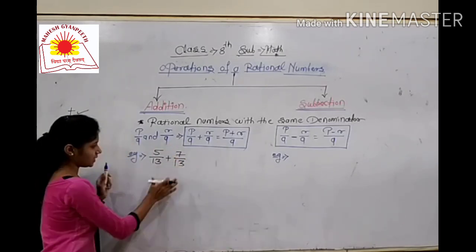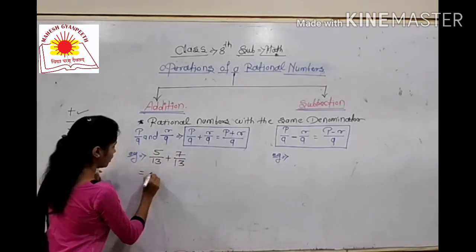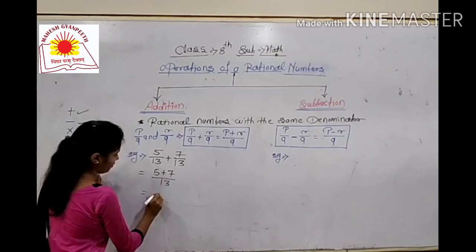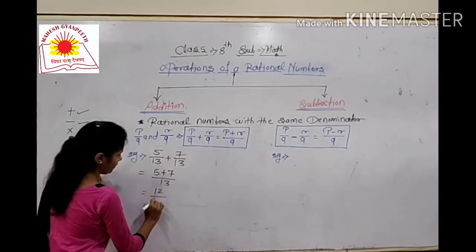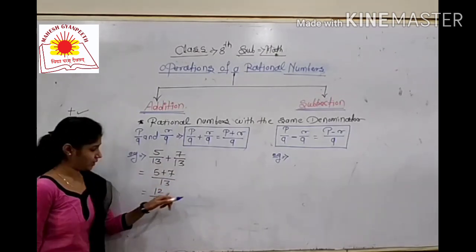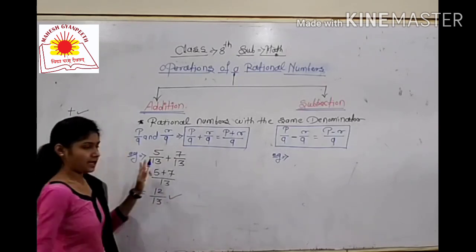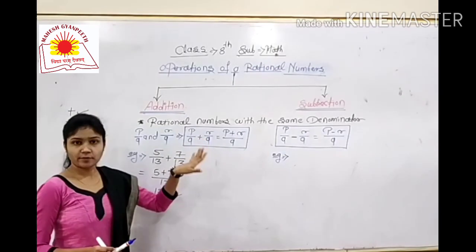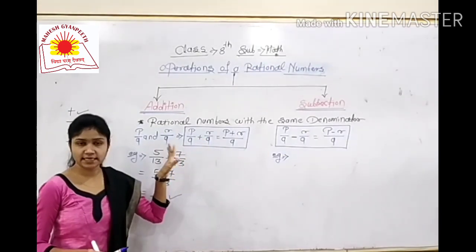The denominator is the same, so add the numerators directly: 5 plus 7 upon 30. 5 plus 7 is 12, so 12 upon 30 is the answer. This is how we solve addition with the same denominator.